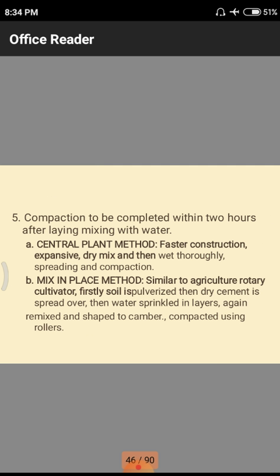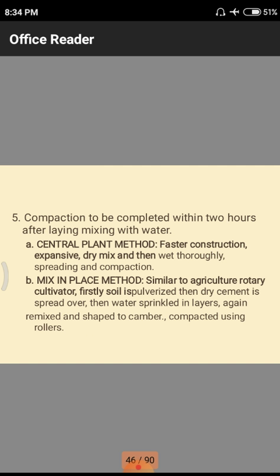The next advantage is that compaction must be completed within 2 hours after laying and mixing with water. Why? Because cement has a very short setting time, and in a short period it sets easily, as it has a huge amount of ionic particles.